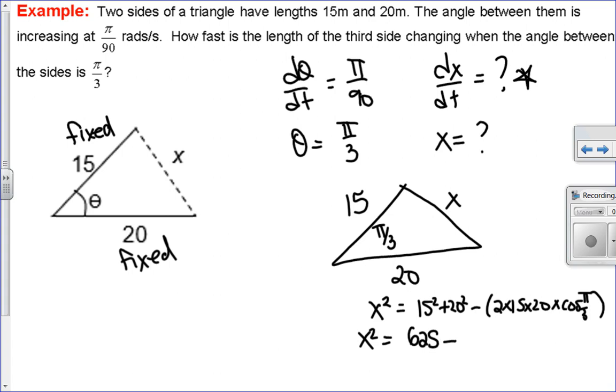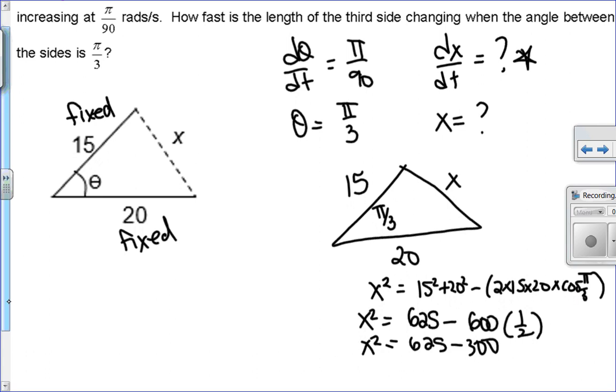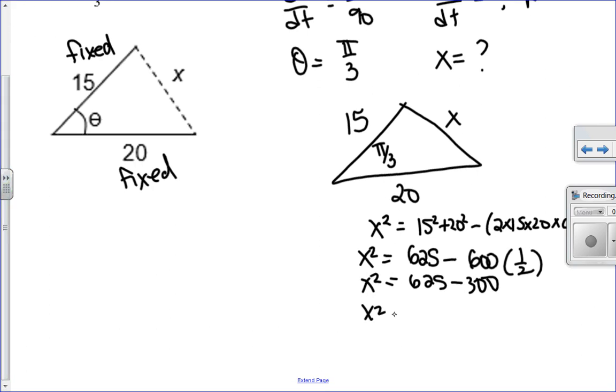And then we're going to subtract 2 times 15 times 20, which is 600, times the cosine of pi over 3. Well, cosine of pi over 3 is a half. So we have x squared equals 625 take away 300. So x squared is equal to 325.